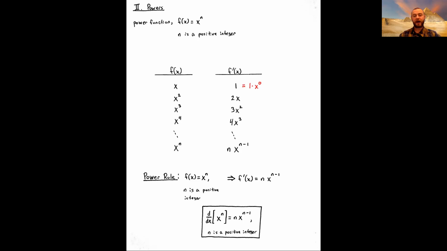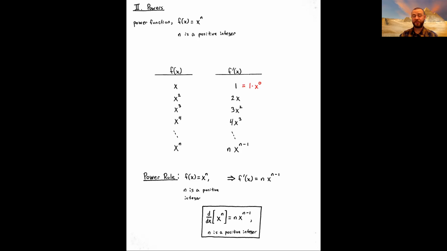Now, it's important to point out, this result, as we proposed it and proved it, is only valid when n is a positive integer. So this is probably the most basic version of the power rule, that the derivative of x to the n is n times x to the n minus 1. And that's true if n is a positive integer.